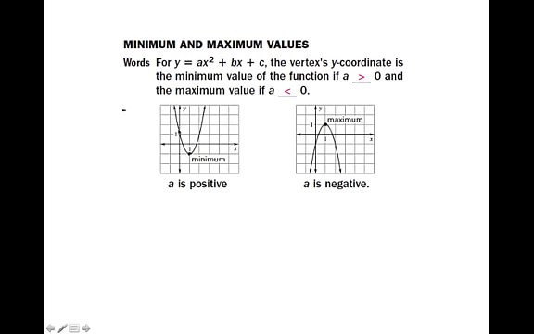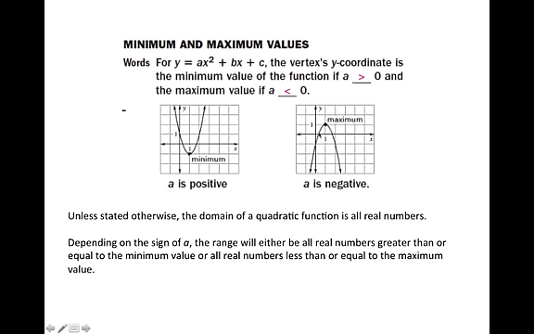The y values get smaller, smaller, smaller until you get to your vertex, then they get bigger, bigger, bigger. So that is going to be the minimum value. Over here where a is negative and it opens downward, the y values get bigger, bigger, bigger, and then you get to the vertex, and then the y values get smaller and smaller. So that y value is the maximum.